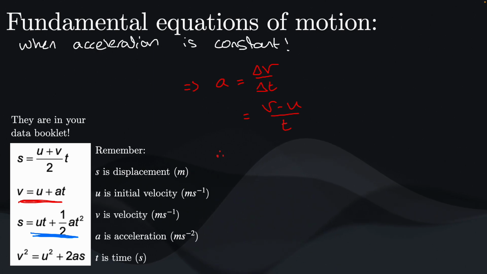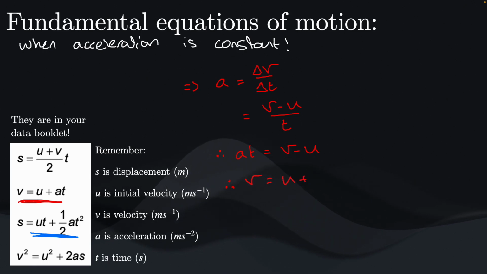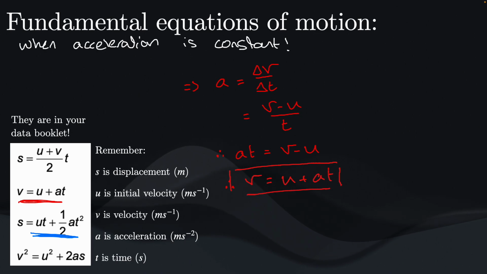Therefore, just simply rearranging, we can put at is equal to v minus u, and therefore v is equal to u plus at. And there you go. First equation, just a little bit of very basic algebra.